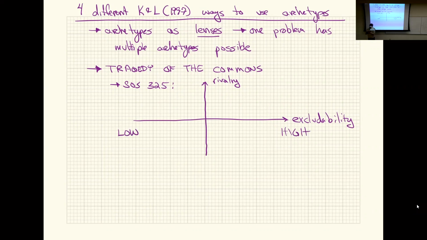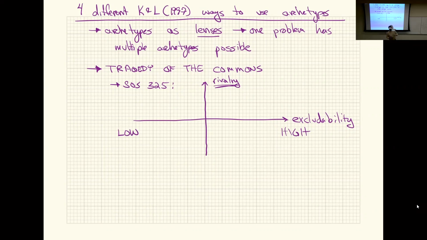There's also rivalry, which is, if you're using it, do you reduce the benefit of any other user? Some resources, like if I listen to public radio, you don't notice that I listen to public radio. It sounds the same to you as it does to me, regardless of whether I have it on or not. But there are other resources where, as I use it, your benefit declines, like a highway.